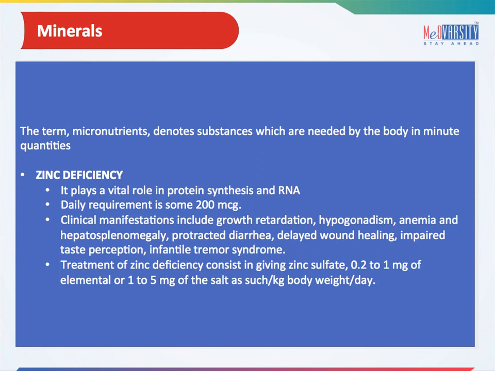Clinical manifestations include growth retardation, hypogonadism, anemia, hepatosplenomegaly, protracted diarrhea, delayed wound healing, impaired taste perception, infantile tremor syndrome. Treatment of zinc deficiency consists of giving zinc sulfate 0.2 to 1 mg of elemental or 1 to 5 mg of the salt as such per kilogram body weight per day.